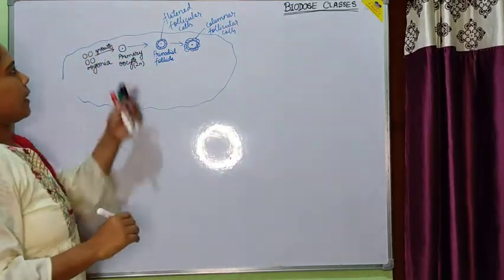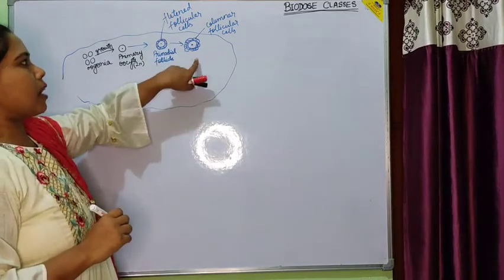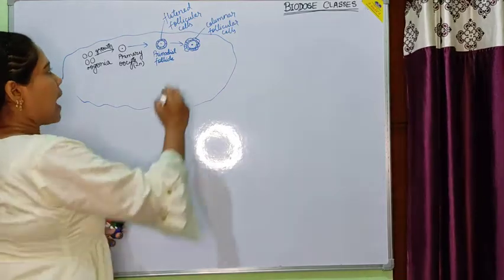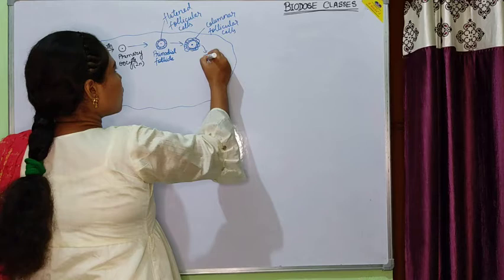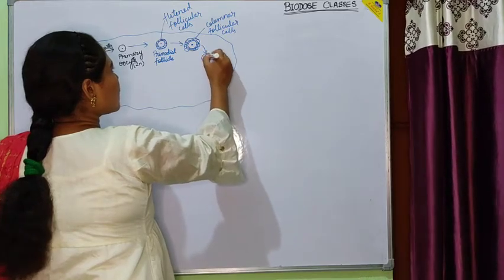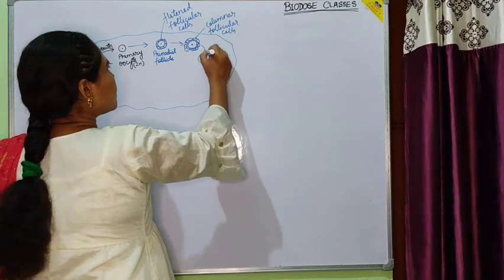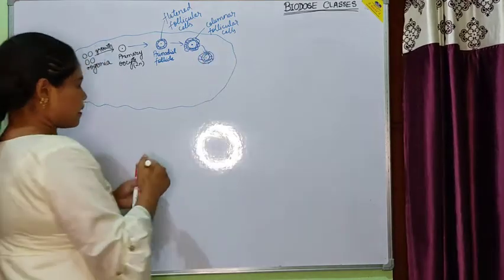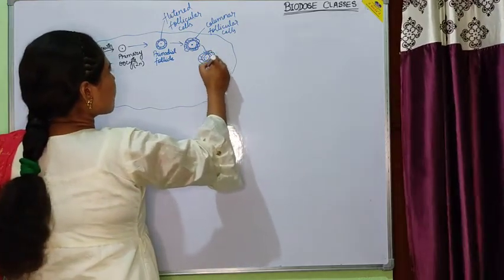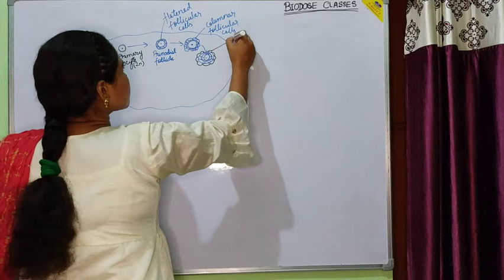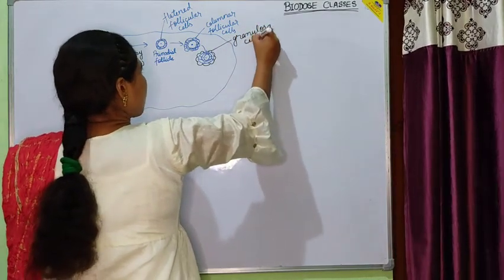So, first it is surrounded by flattened follicular cells, then it is surrounded by columnar follicular cells, and ultimately it turns into a structure surrounded by granulosa cells that are present inside the ovary. So we can show the granulosa cells with this black color. This is your granulosa cells.